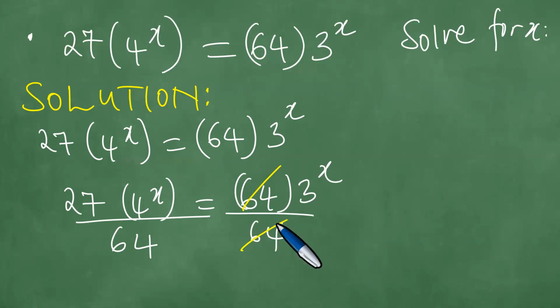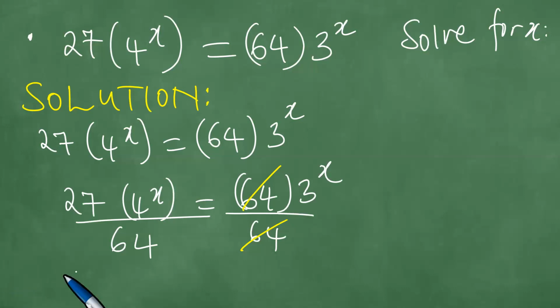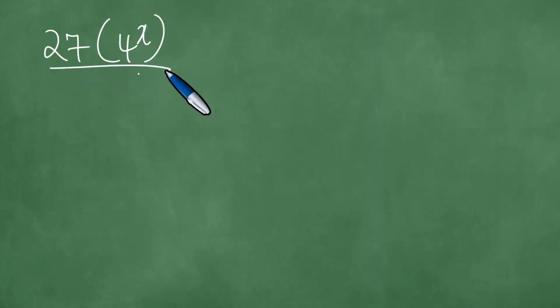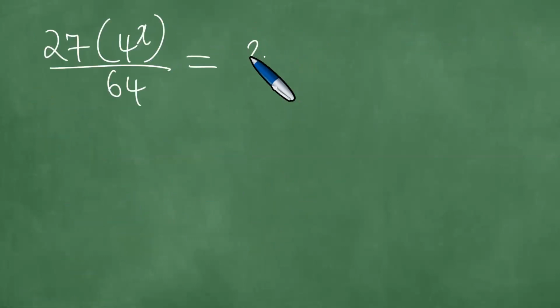And when it cancels out, we are left with what? We're left with 27, 4 to the power x over 64, which is equal to 3 to the power x. And then now, here, we need to divide by 4 to the power x.